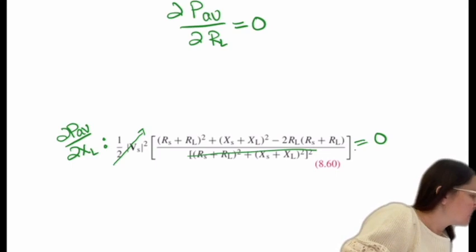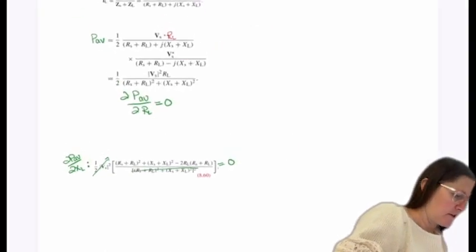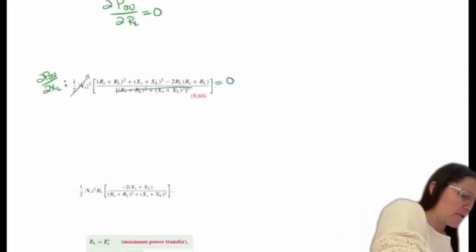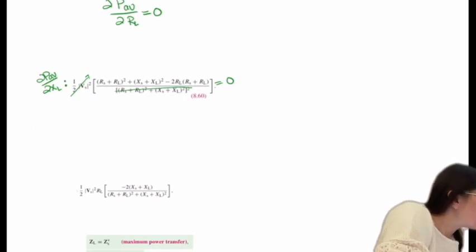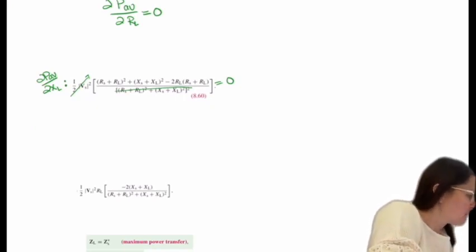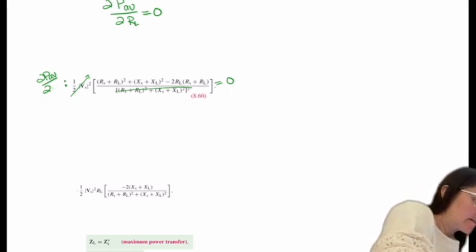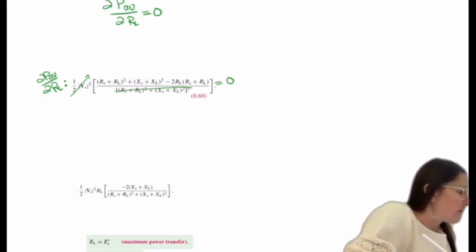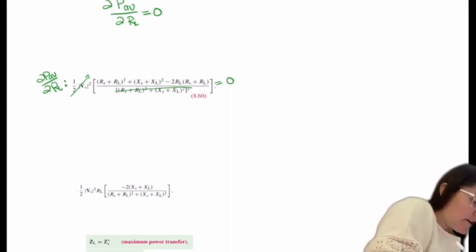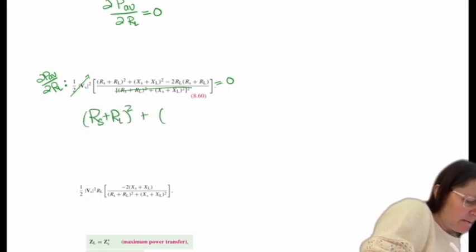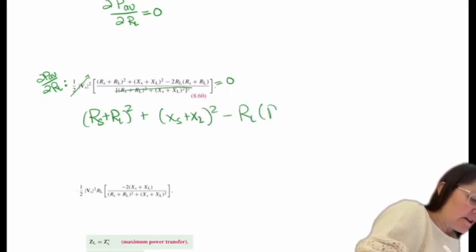Wait, what's XL? Oh, wait. Sorry, this is the wrong one. This is the average, 1/2. Do this again. This is RL. And so this ends up giving you RL squared plus XS plus XL squared minus 2RL times RS plus RL equals 0.